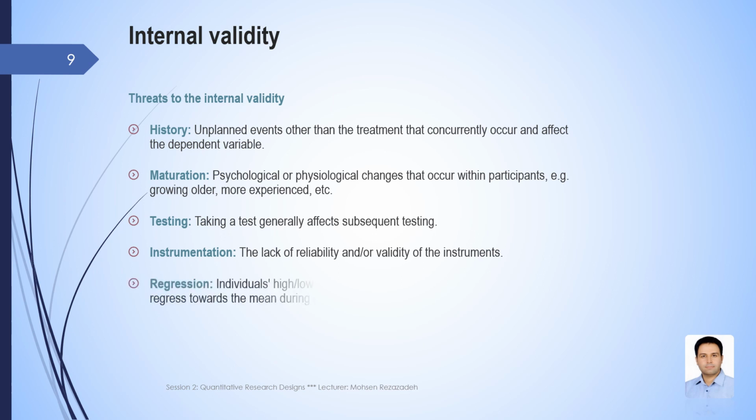The other threat can be regression. That is, individuals' high or low scorings on the pretest, due to some factors, tend to regress towards the mean during retesting. Again, we can control this by an appropriate control group. We may find this threat in pretest post-test designs.